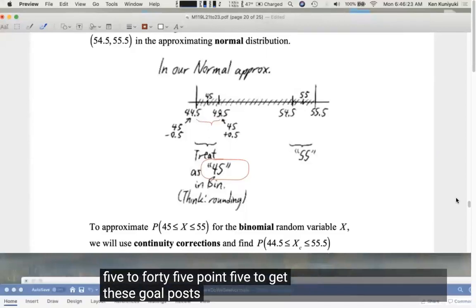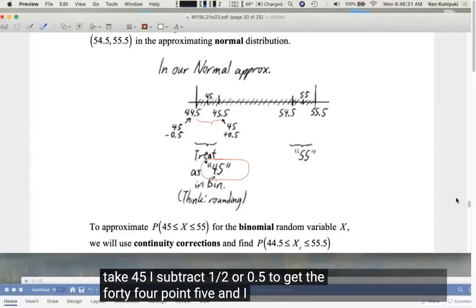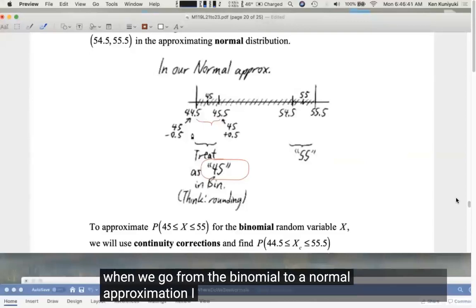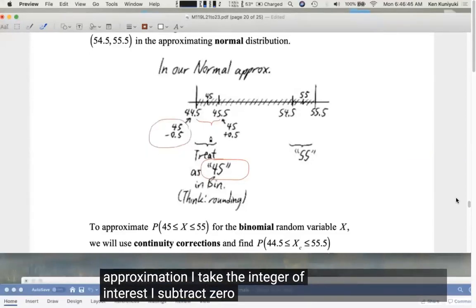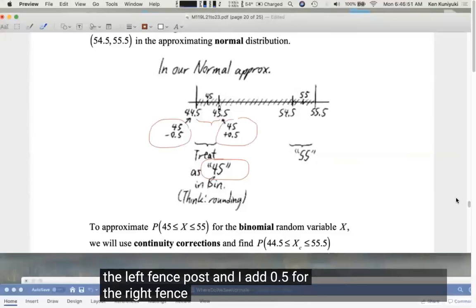To get these goalposts, these fence posts, I take 45, I subtract 1/2 or 0.5 to get the 44.5, and I add 0.5 to get the 45.5. And that's true for any integer. When we go from the binomial to a normal approximation, I take the integer of interest, I subtract 0.5 for the left fence post, and I add 0.5 for the right fence post.